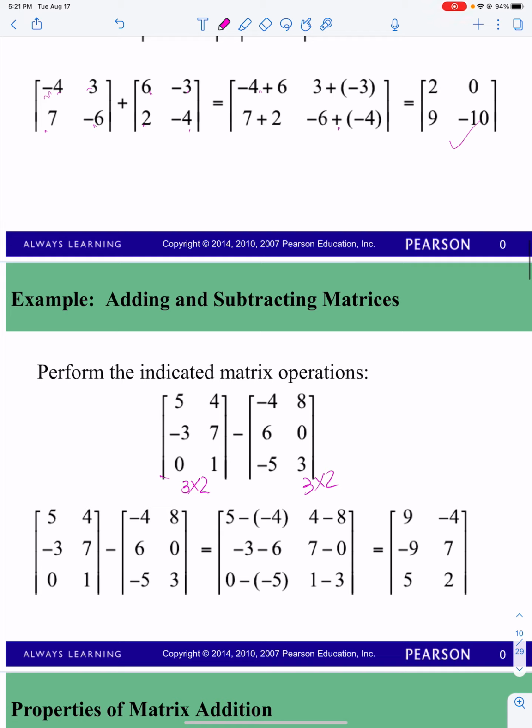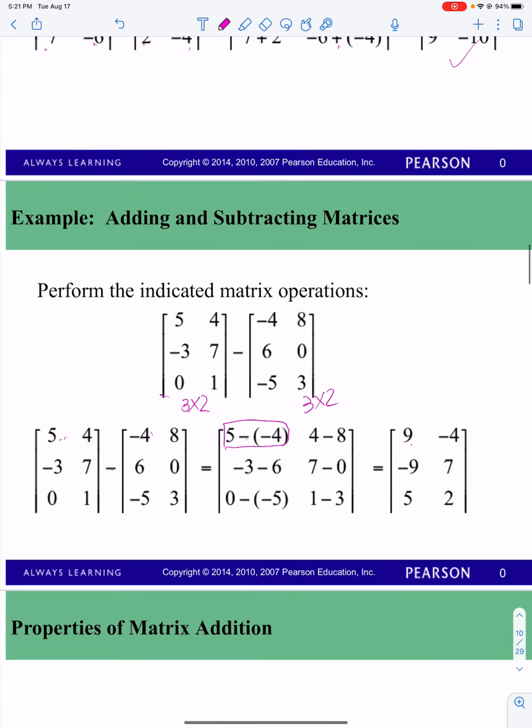Subtract each one, but be careful about signs. 5 minus negative 4 means plus 4, which is 9. A lot of students make a mistake when they forget about the signs.